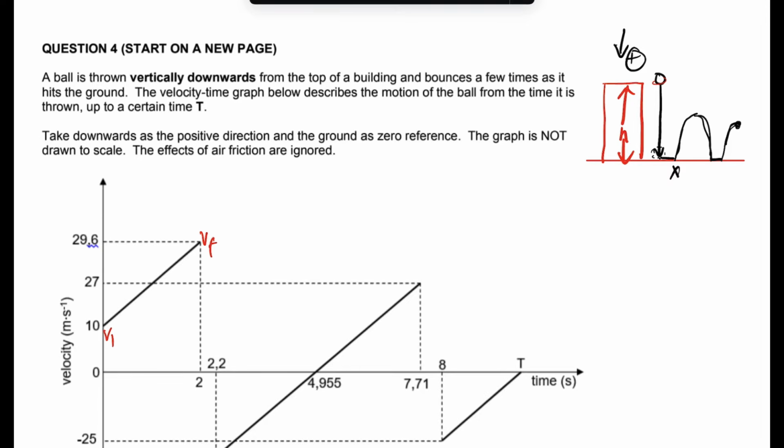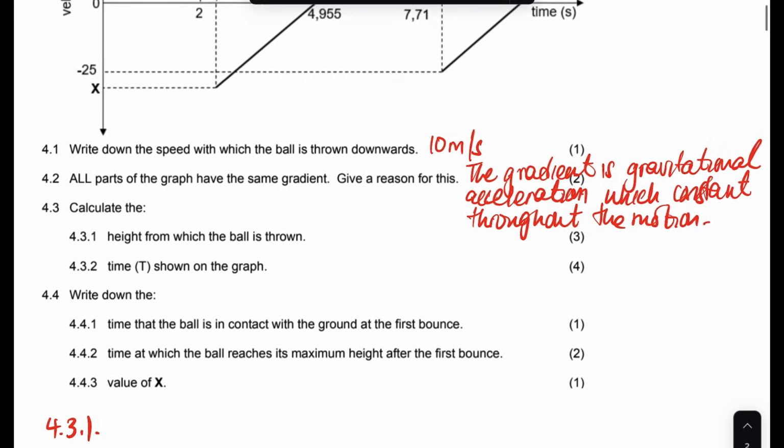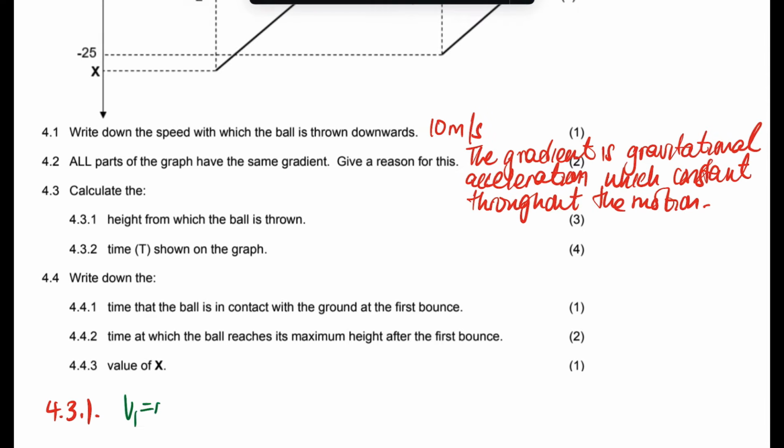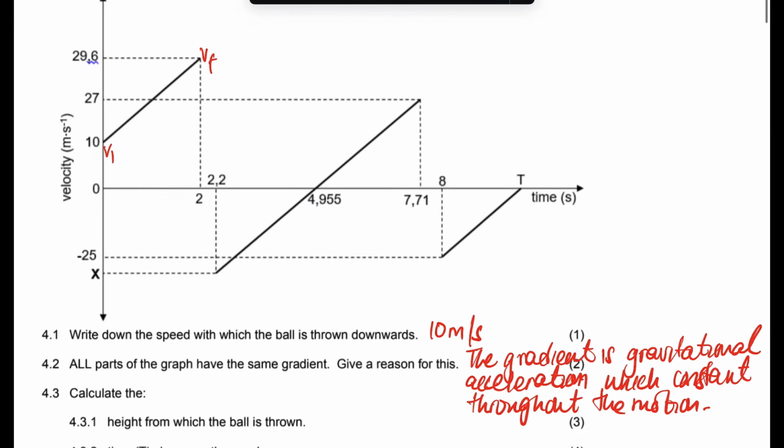So what are we going to do now? What do we have? We have, as I've indicated in the graph, the initial velocity, that is 10 meters per second, and the final velocity, that is 29.6 meters per second, and the acceleration, it's 9.8 and it's positive, and it proves our slope of the graph, it's a positive slope there.